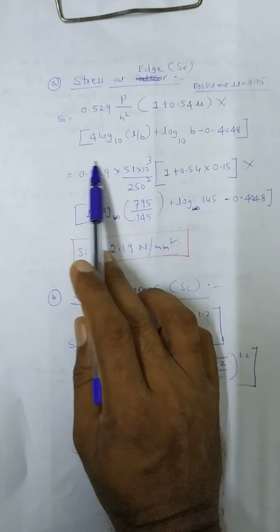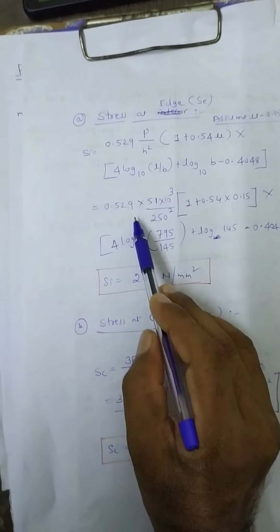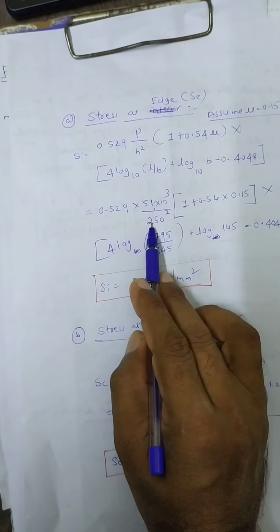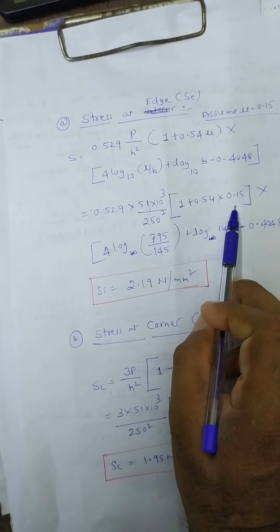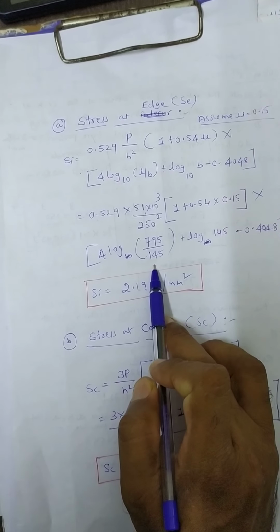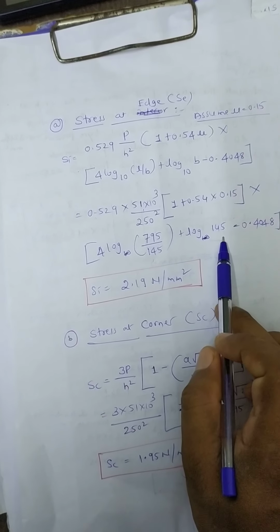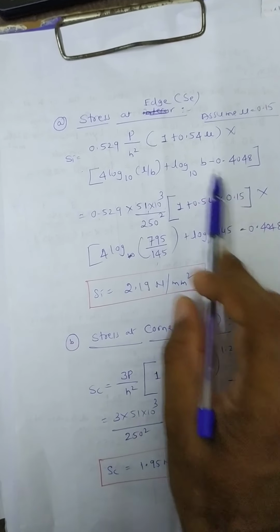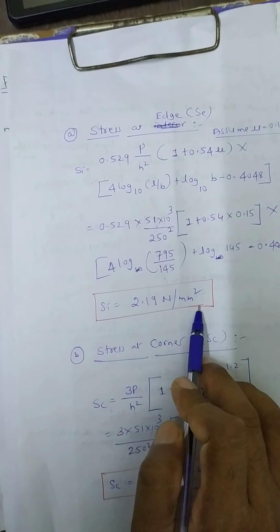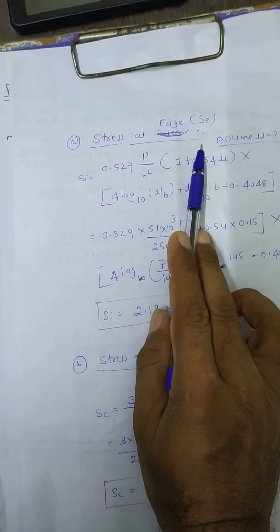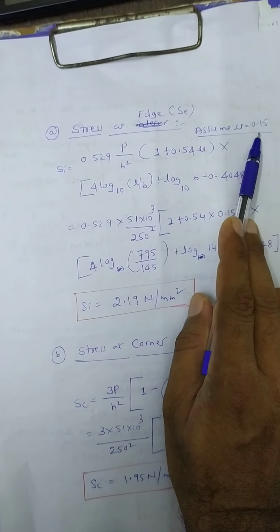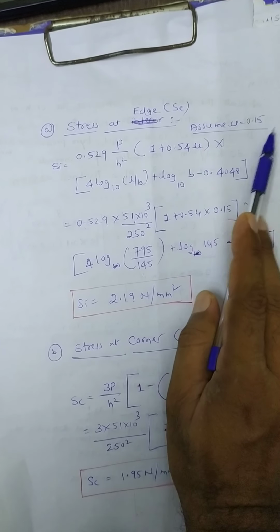Put the values: P is 51 into 10 to the power of 3, h is the slab thickness 250 squared, mu is 0.15, L is 795 and b is 145. We get S_e equals 2.19 Newton per mm square. This is the stress at the edge. Mu is 0.15, a standard value which is not given in the problem, so we assume mu is 0.15.